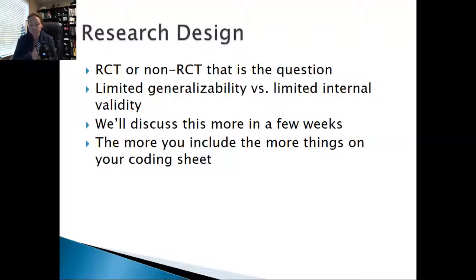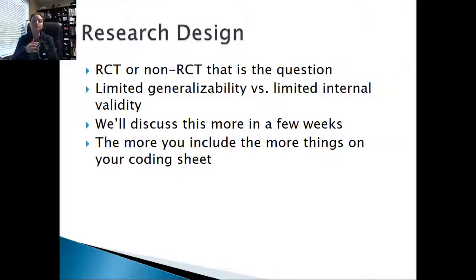So on the other hand, if we have non-randomized controlled trials, they'll actually end up losing internal validity. So it's a balancing act to decide what to include when you're looking at research design.